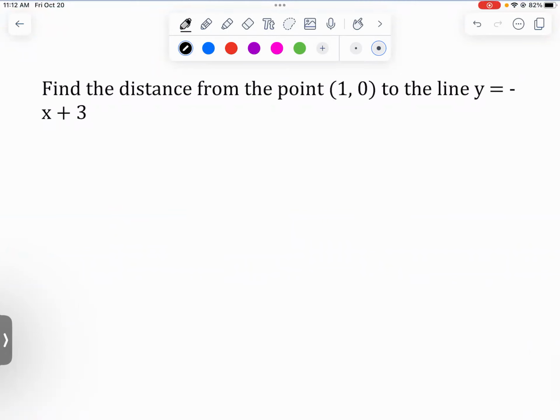Next page. Find the distance from the point 1, 0 to the line y equals -x plus 3. I have a question. When we were talking about the distance from a point to a line, what did it need to be?